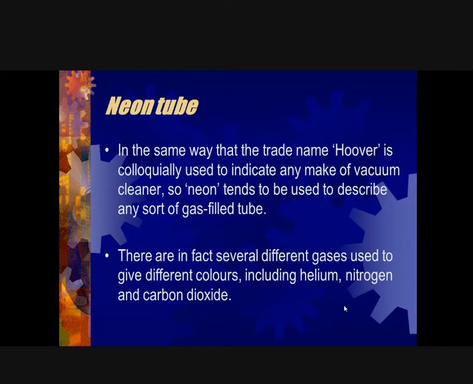Now, the first one we're going to look at is your neon tube, right? I'll give you a little annotation here to say that persons call it neon, but that's not really the name. It's just as though Hoover is used to indicate the vacuum, or what we call a megger.